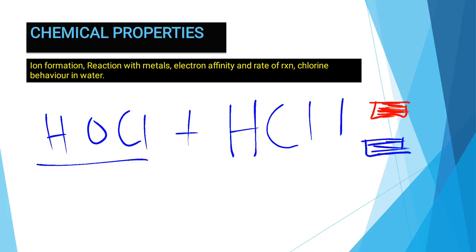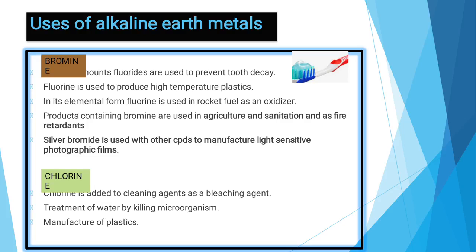So this property of chlorine water to remove color in substances makes it very useful in cleaning. And as a result, when chlorine is added into cleaning agents, it gives them the property to remove the dirt in color.